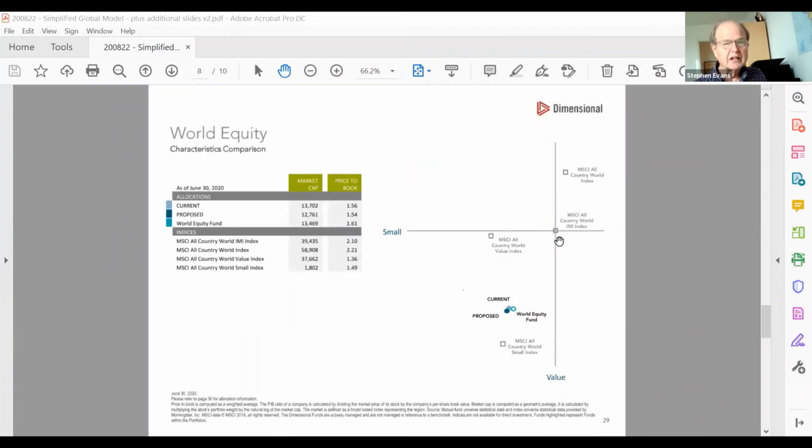And here we have an analysis of the proposed simplified portfolio, which shows that the exposure to the small and value factors are pretty close to our current portfolio, and close to the Dimensional World Equity Fund, which already includes small and value.